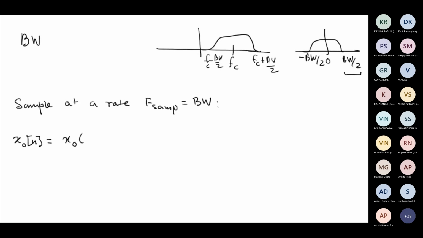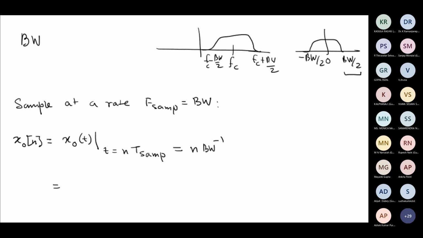This is nothing but x_0(t), where t we have discretized by taking n times T_sample, which is equal to n times BW inverse.